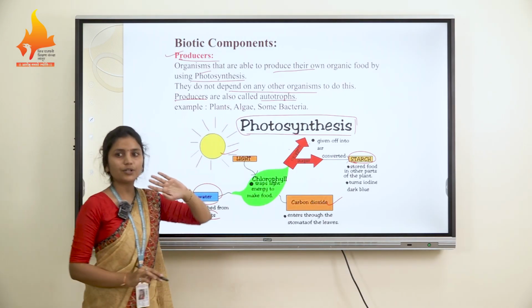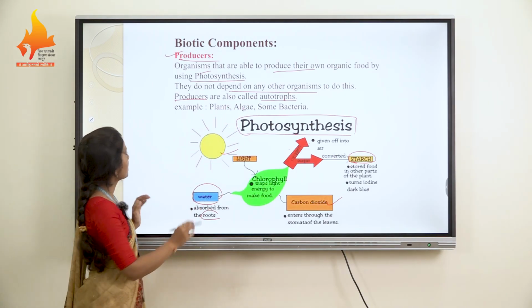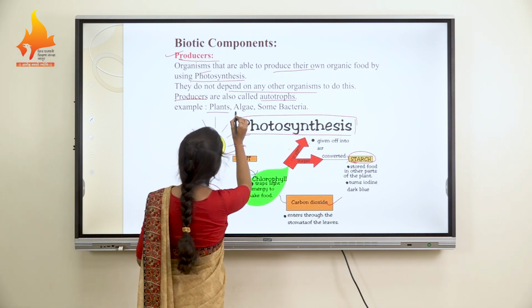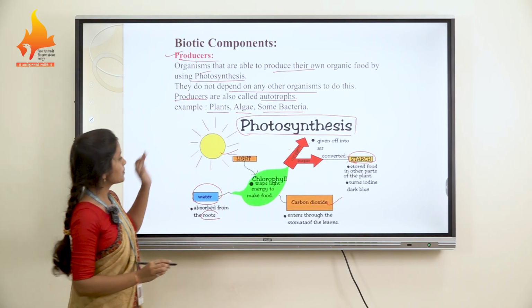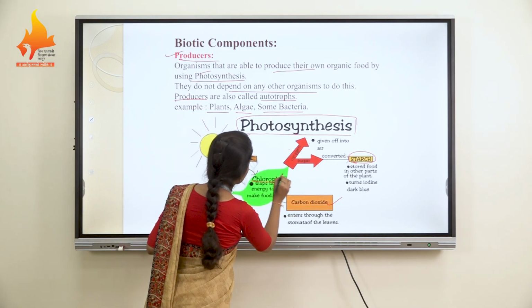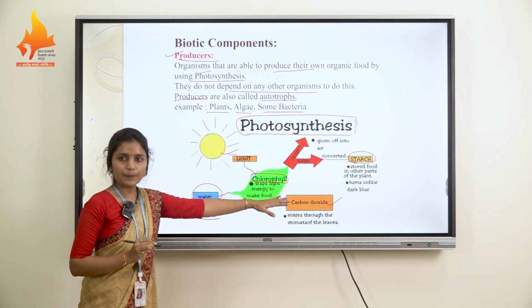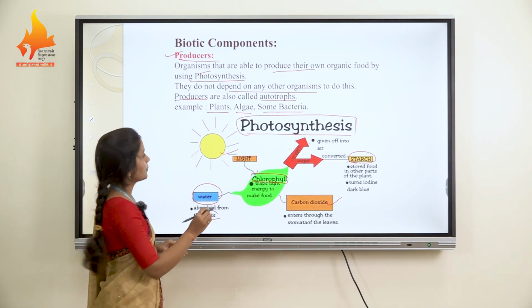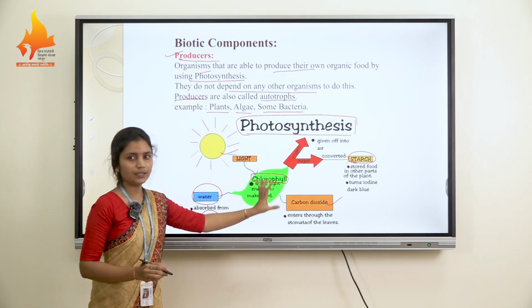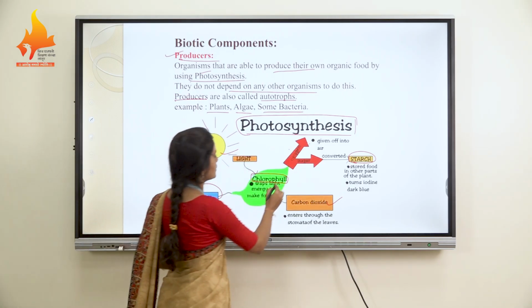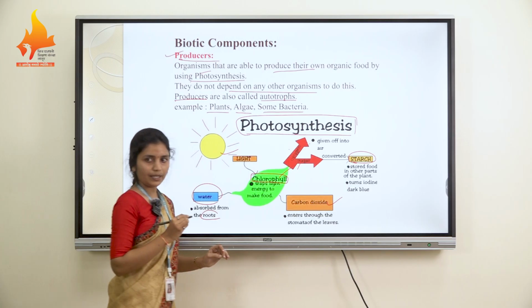Autotrophs means they do not depend upon other organisms. For example, plants, algae or some bacteria. These organisms have chlorophyll molecules or chlorophyll pigment in their parts, so they prepare their own food. That chlorophyll molecule absorbs the light energy, and that light energy is converted into chemical energy.